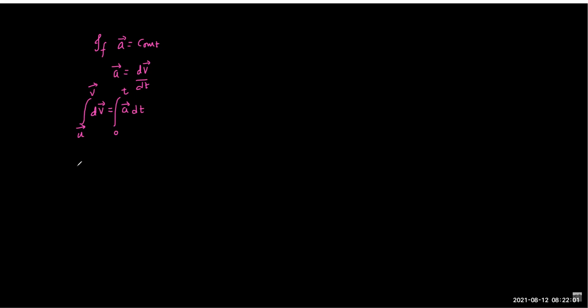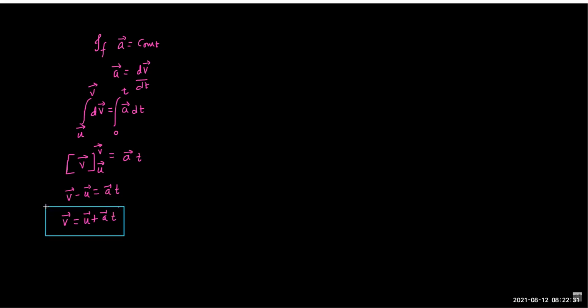On the left hand side, the dv will give you the integration of v vector, and we integrate from u to v, and this will give you the upper limit minus lower limit equals a vector into t, and so we get the answer v equals u plus at. So this is the vector expression for the kinematical equation under the assumption that the acceleration is constant.